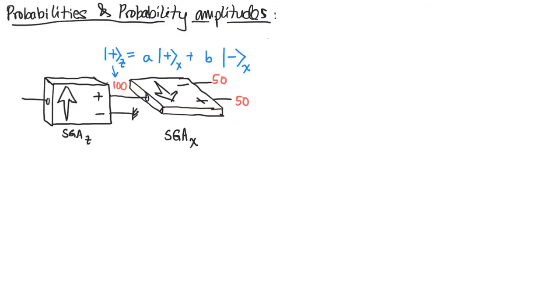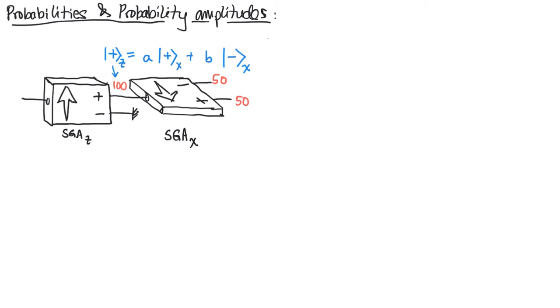So let's come back to this experiment where we have a Z analyzer followed by an X analyzer, and we've identified that the atoms in this intermediate position are in the plus Z state, which we can write as a superposition of plus X and minus X states. I want to look at that statement again.